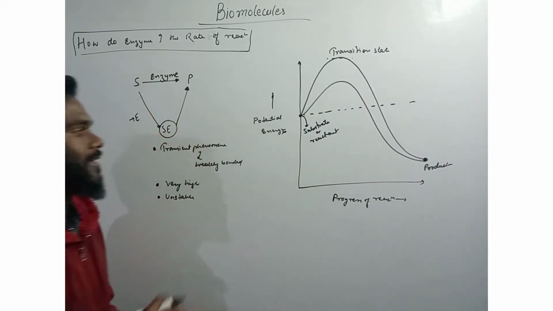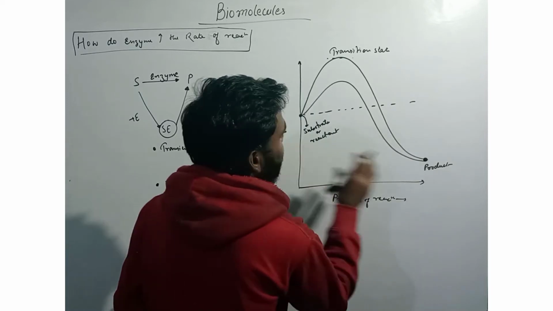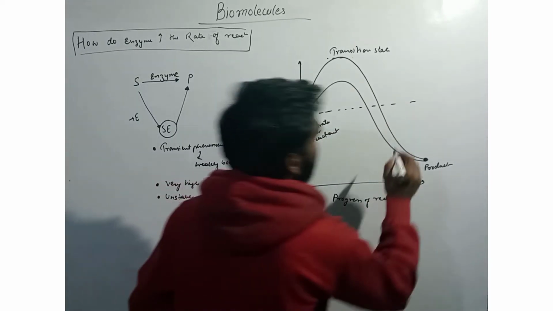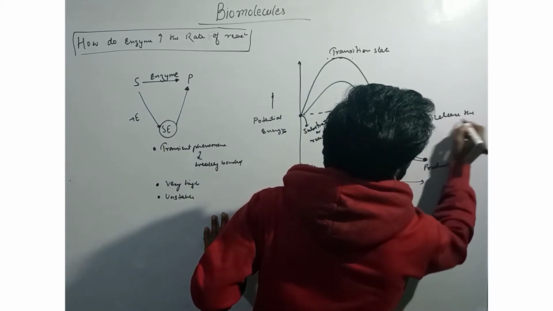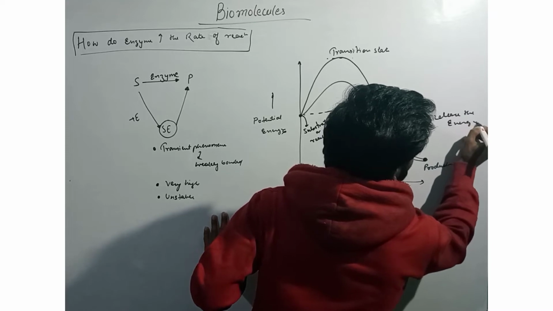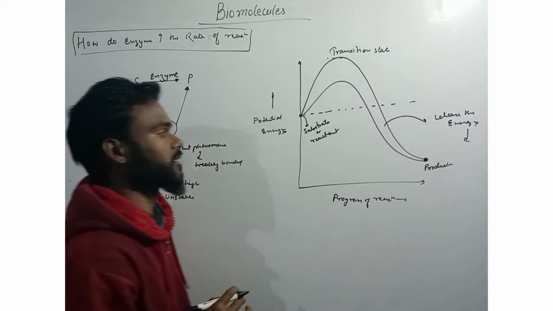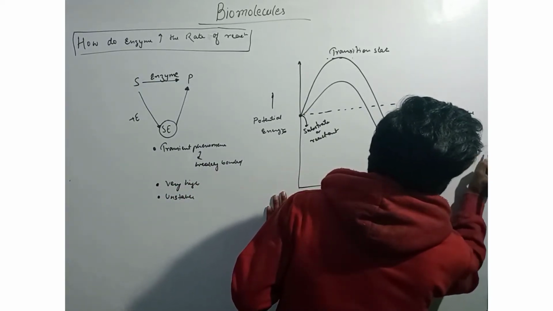When you're talking about the substrate and product, the substrate contains high energy as compared to the product. So it simply means it releases energy, due to which this kind of reaction is called an exothermic reaction.